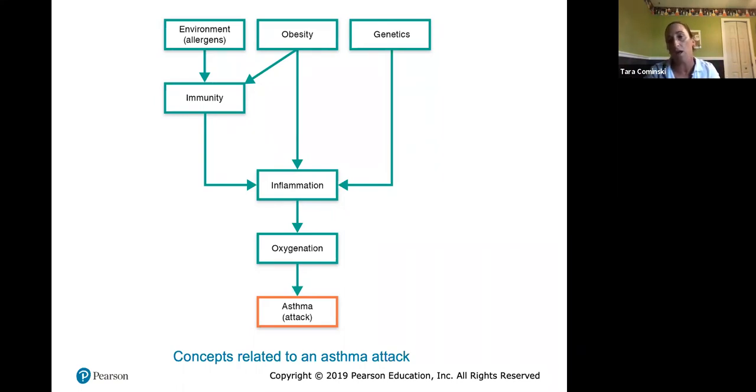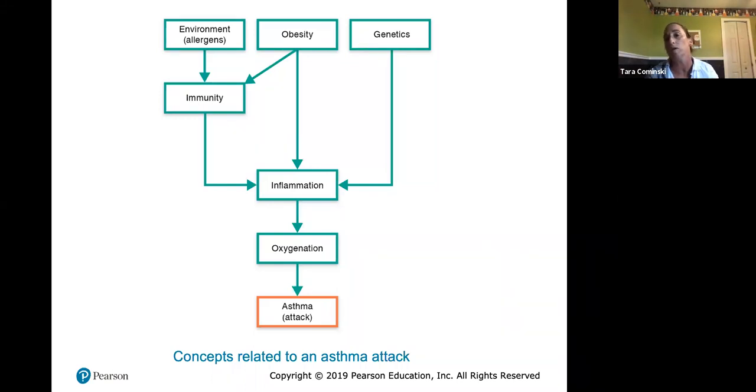So it's the same thing here. For whatever reason, certain variants of genes lead to an overall increase in inflammation. So if your baseline is normally higher, a little bit of an exposure is going to push you over the edge, and create a massive immune response that could lead to something like an asthma attack. But it can also lead to many other things too, right?